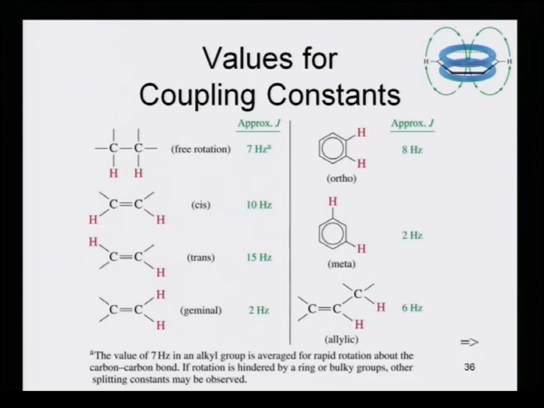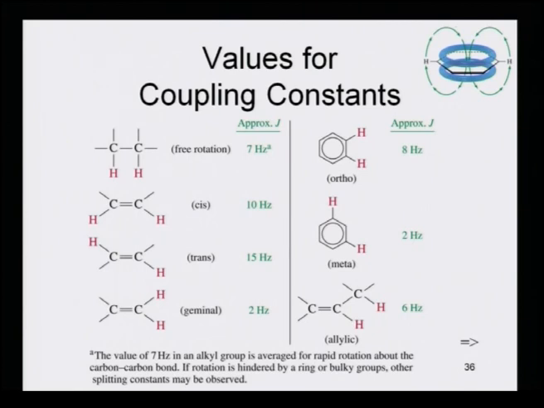So, you can see that the two hydrogens in a benzene ring which are ortho to each other have a coupling constant of 8 hertz. The two hydrogens which are meta to each other hardly couple at all, so they have a very low coupling constant of 2 hertz, and another allylic situation, where there is an alkene restricting, will have a coupling constant between the ethene proton and the methyl proton of 6 hertz.